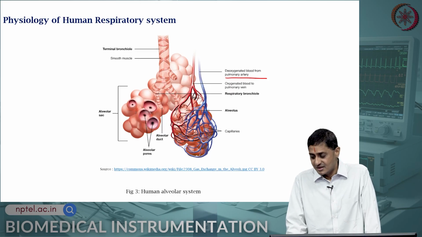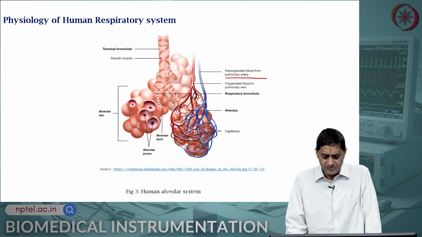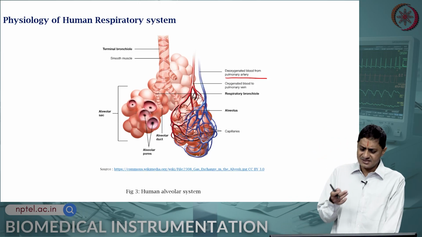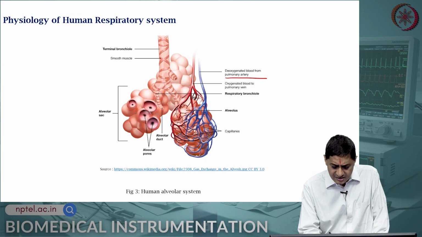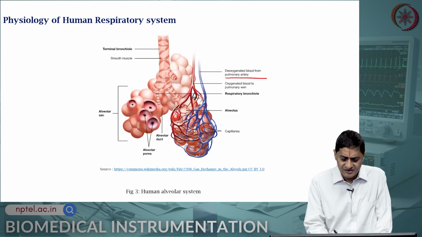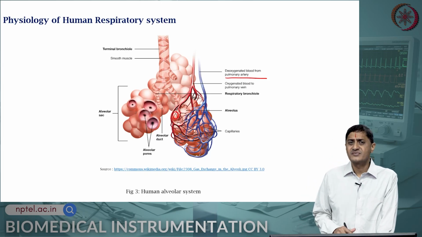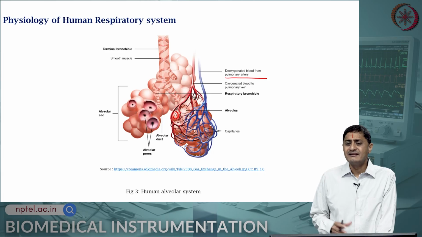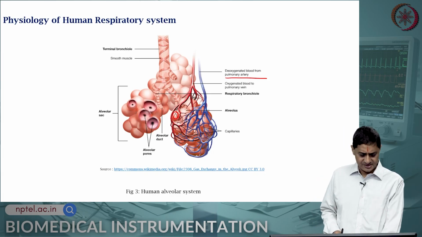The blood vessel carrying the blood from the right ventricle is also an artery, that is called a pulmonary artery, and that branches out into so many capillaries, really teeny tiny capillaries that then interface and interact with this alveoli. That is where gas exchange happens.